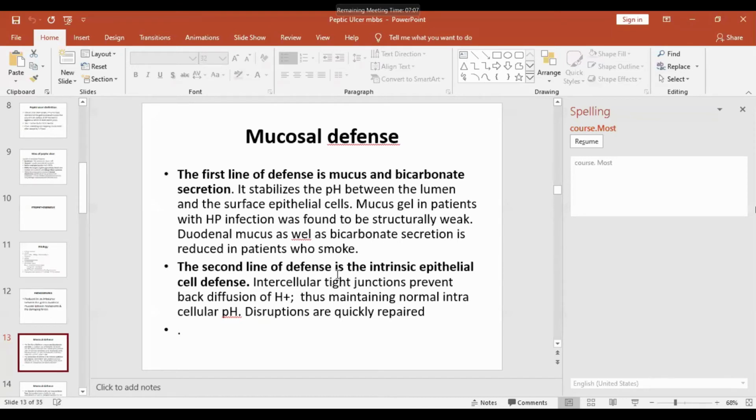So that's why I was telling you smoking is important, because it decreases the bicarbonate secretion as well as mucus.